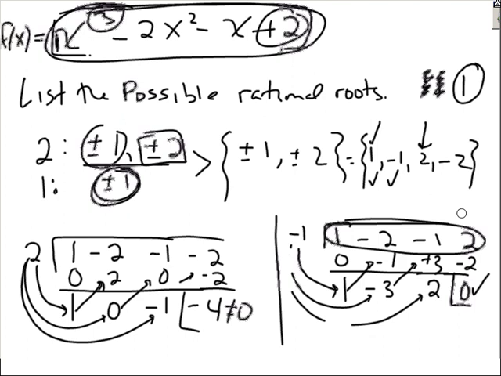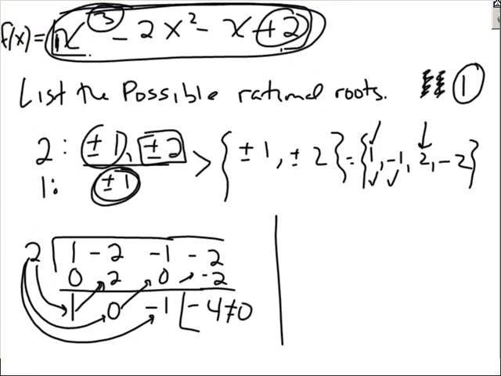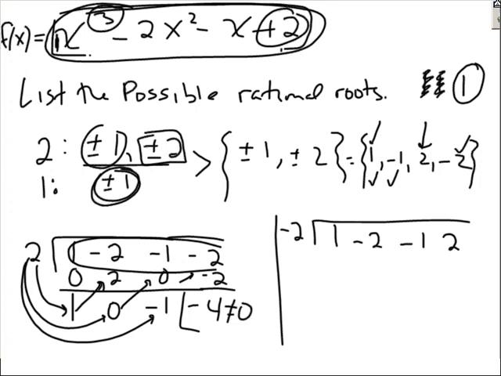Well, we'll see if I lied. I promised 3 of them would work. So on an exam, if you're running out of time, you can say negative 2 must be the other rational root. Okay, let's try it. Negative 2, and then these sets of numbers. 1, negative 2, negative 1, 2. 1 plus 0 is 1.